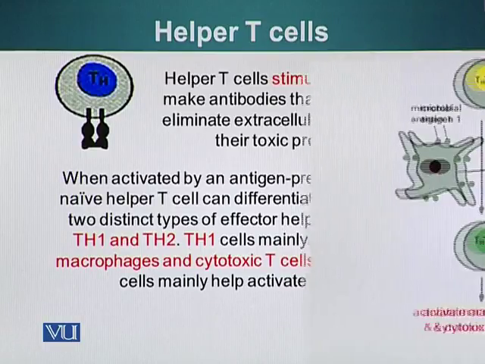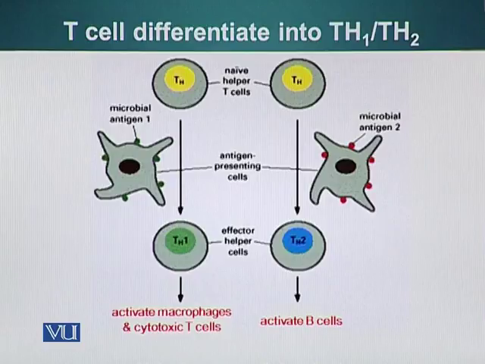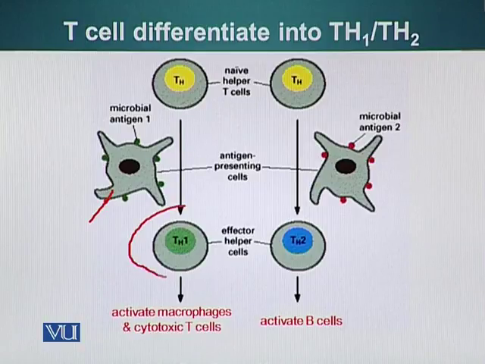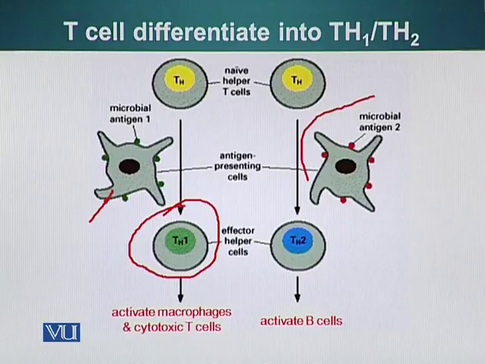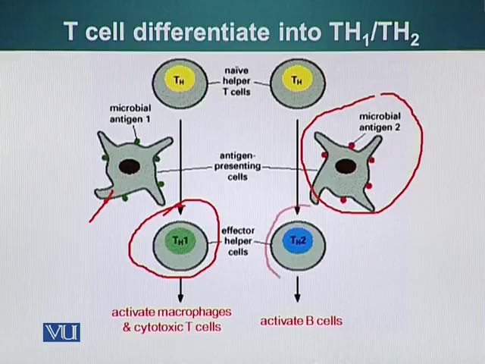helper T cell to. So here you have antigen presenting cells. Antigen presenting cells in one case are displaying their peptide fragments to T cells that develop into helper T cell type 1. This antigen presenting cell is also displaying peptide fragments and it results in development of helper T cell type 2.